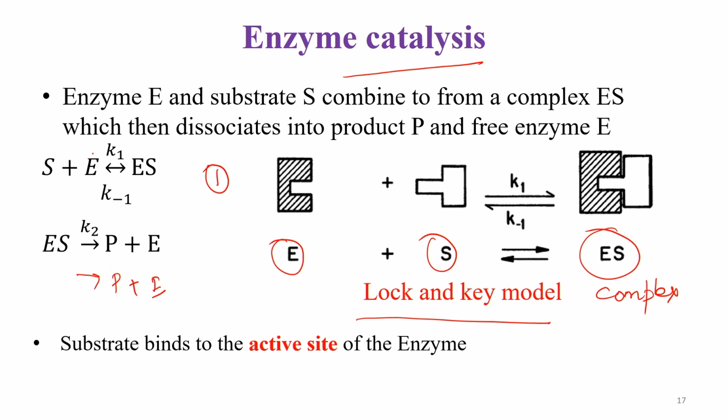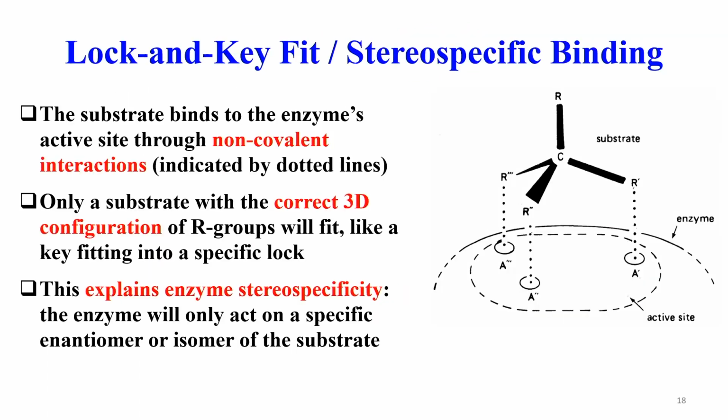We started with enzyme, and the enzyme is intact in the entire reaction. Specificity means the substrate binds to the active site of the enzyme, and in this lock and key model you can see here, this is the active site and this is your substrate. They are specifically able to bind to the active site.